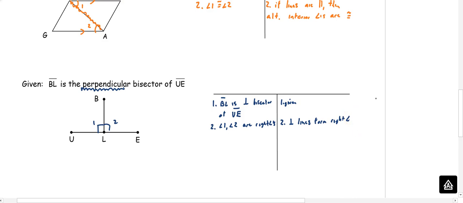Once we know that the angles are right angles, we can also then say that they are congruent. So angle 1 is congruent to angle 2. And our reason is that right angles have the same measure and are congruent.